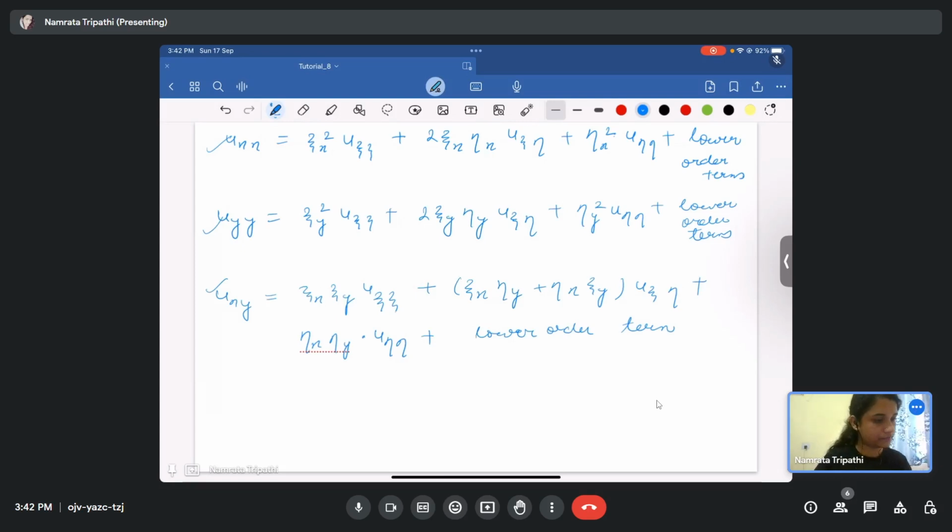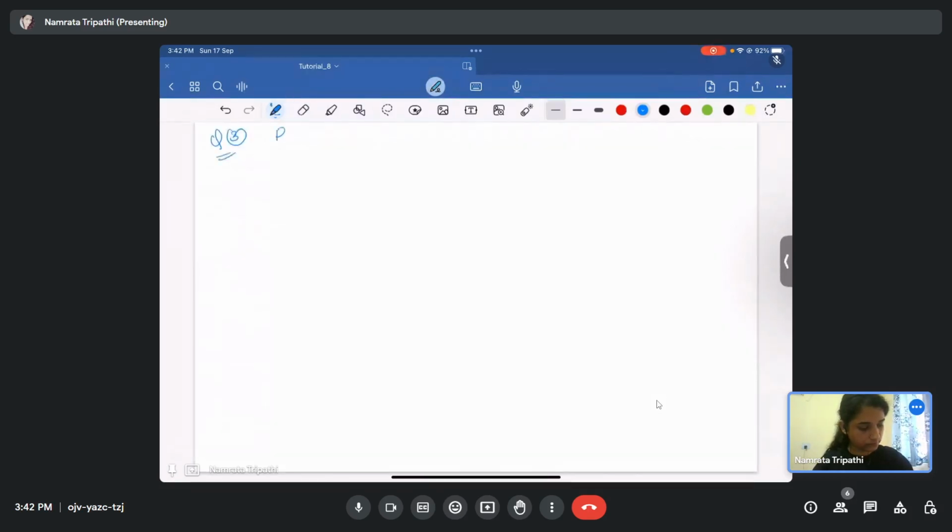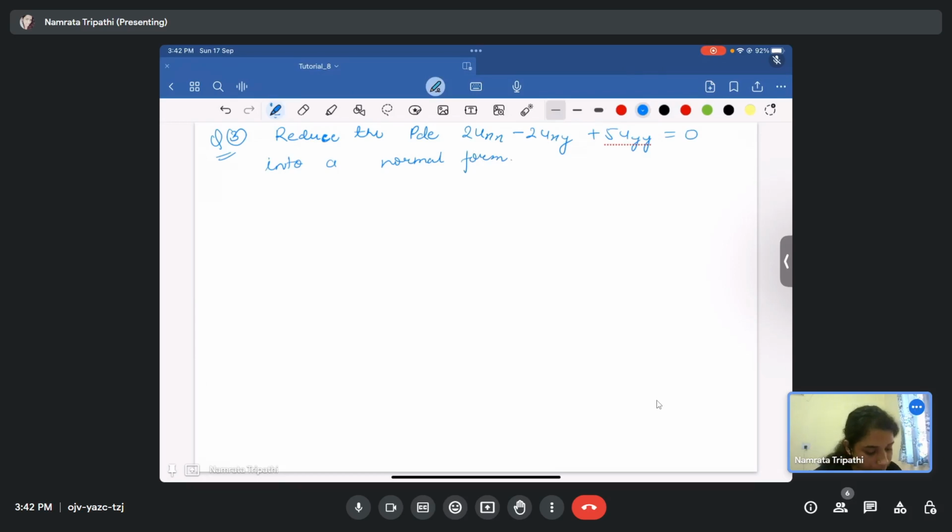Question number 3. Reduce the equation into a normal form. Okay, try to find first of all the characteristic equation.